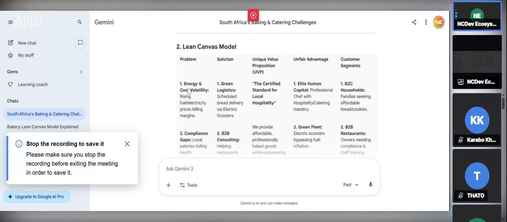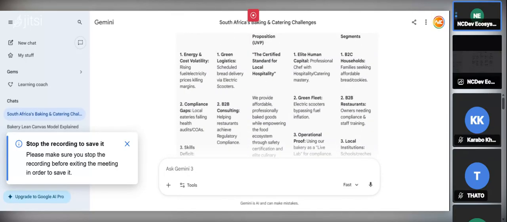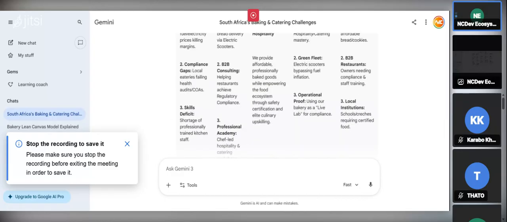Our problem then for that is energy and cost volatility. Rising fuel and electricity prices are killing the margins, right? And then compliance gaps, local eateries failing health audits and certificates of acceptability.